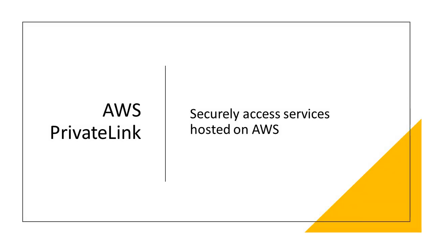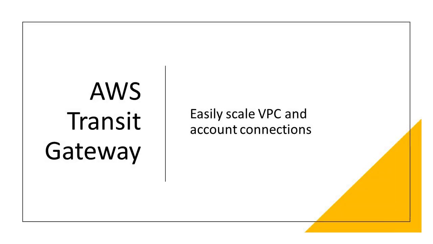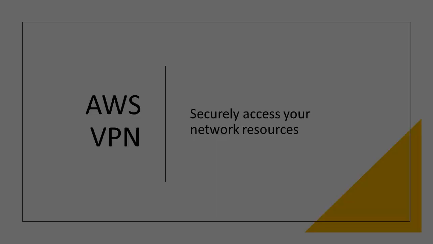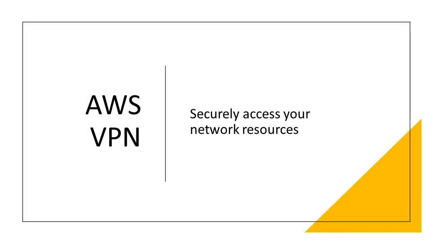AWS Private Link Service. AWS Private Link provides private connectivity between VPCs, AWS services, and your on-premises networks, without exposing your traffic to the public internet. AWS Transit Gateway Service. AWS Transit Gateway connects VPCs and on-premises networks through a central hub. AWS VPN Service.